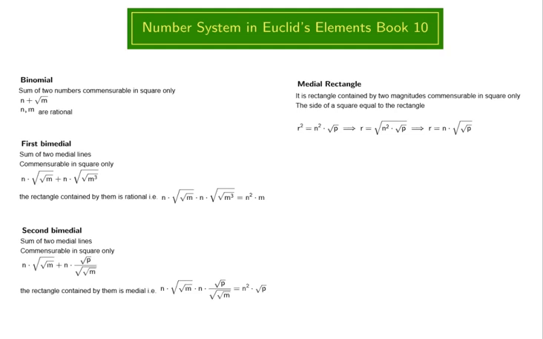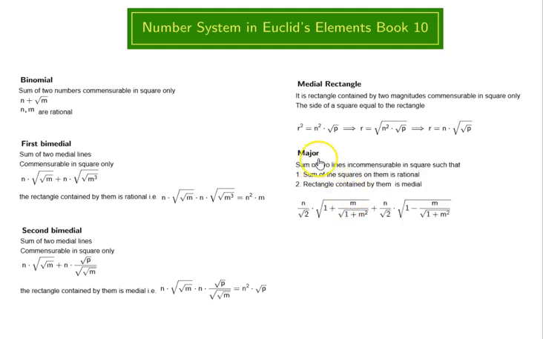Then we have the other number, that is major. So the sum of two lines incommensurable in square such that the sum of the squares on them is rational and the rectangle contained by them is medial. These are the two straight lines incommensurable in square. So take the square of these two, we end up with n square by 2, n square by 2.